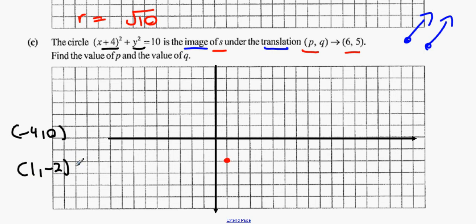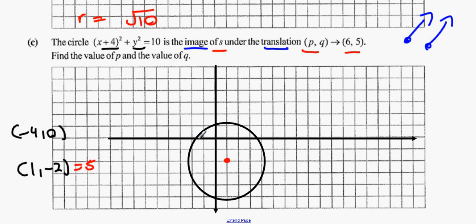S, and we know that S is a circle that has a radius of 3.16, so just around here. And then we know that this new circle comes along and it has a center of (−4, 0).